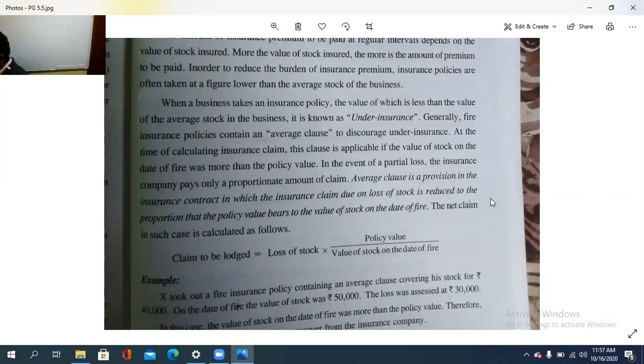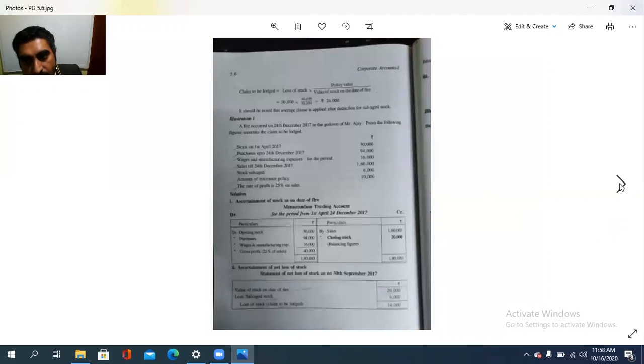Then we get the net loss value, and from that we calculate the claim to be lodged, how much claim to get from the insurance company. For that, loss of stock into the policy value divided by the value of the stock on the date of the fire. And then we see problems also. For that we prepare the memorandum trading account, not the trading account.